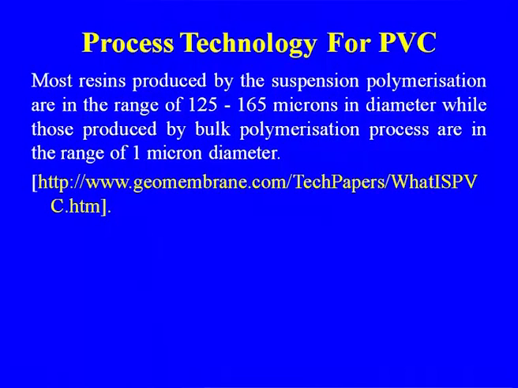Most resin produced by suspension polymerization is in the range of 125 to 165 microns in diameter, while that produced by bulk polymerization is in the range of 1 micron diameter. So, this is one of the comparisons of bulk polymerization and suspension polymerization for the manufacture of PVC.